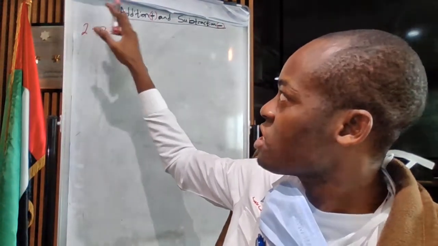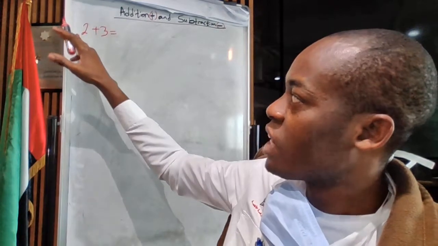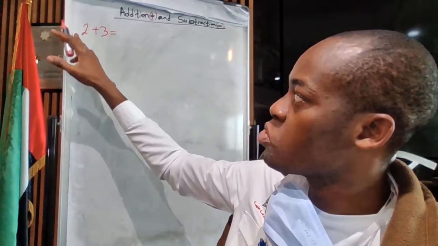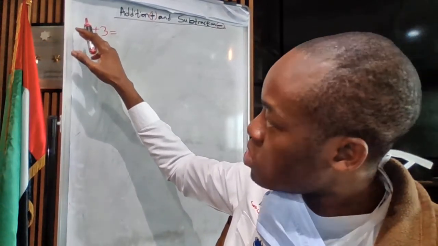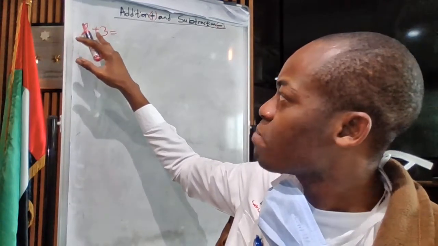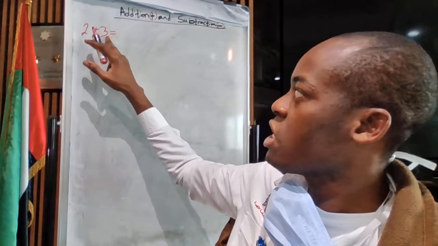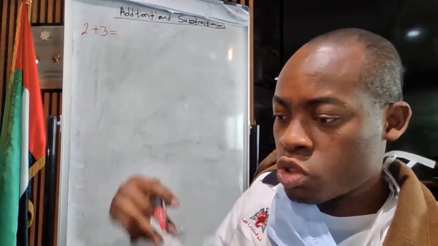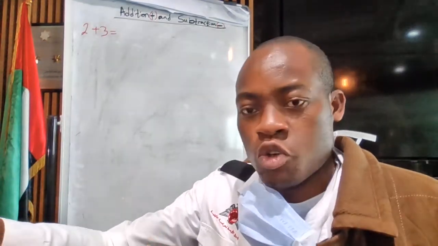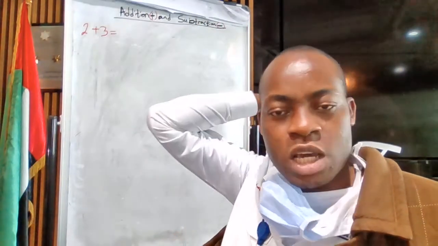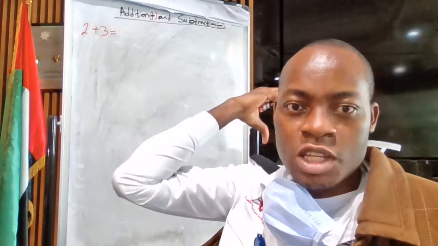This particular plus is not for this 2. This particular plus belongs to 3 because the plus is in front of the 3. The 2 is behind. You own what is in front of you, you can't touch what is at the back. So that is just the logic.